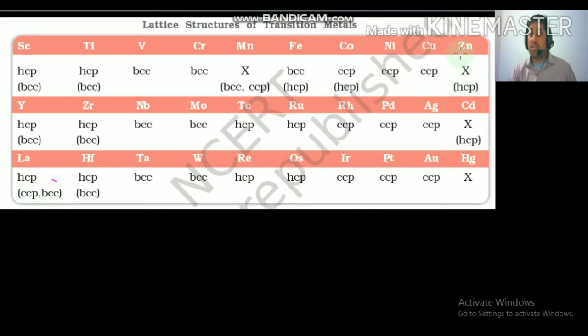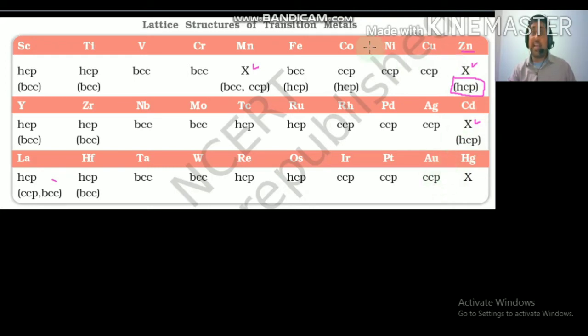You see here lanthanum, CCP, HCP, all the 3 states. Now here is something very interesting: zinc, as we discussed in solid state as well, has an HCP structure. Where there is an X, this X indicates a typical metallic structure. Metals are cations submerged in the sea of electrons. Very interesting, Hg, mercury: no such solid state geometry like CCP, HCP, BCC. Only X, meaning typical metallic structure, that is cations submerged in the sea of electrons.